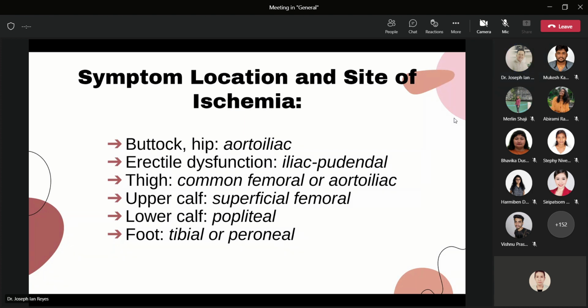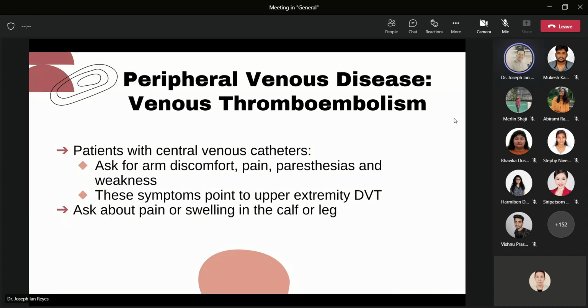Next we go to venous thromboembolism. In patients with central venous catheters, ask about arm discomfort, pain, paresthesias, and weakness. Also ask about pain or swelling in the calf or legs. These symptoms point to upper extremity DVT.